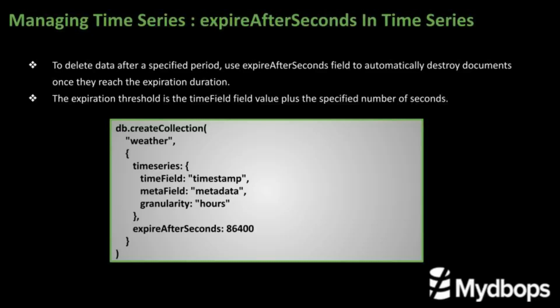Below, you can see an example with expireAfterSeconds. Here we are going to create a collection named weather with time series options, timestamp as time field, metadata as meta field, granularity as hours. And we also set expireAfterSeconds as 86,400, which means a day.